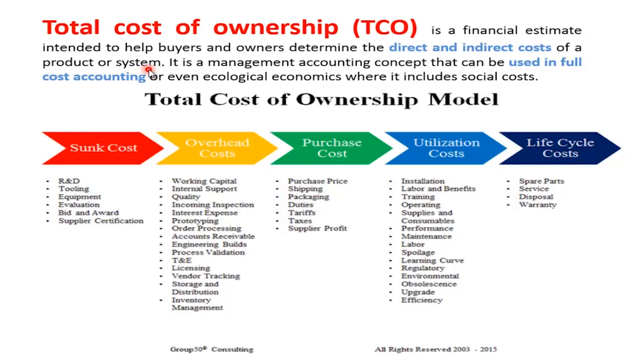Let us say as an example, you are going to buy a computer, right? So you want to buy one computer for your office, and you are costing that computer at 100,000.